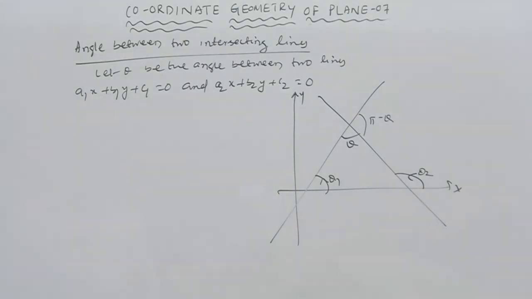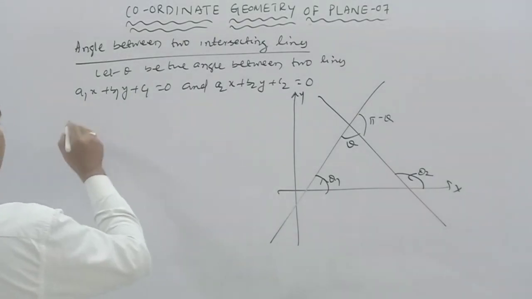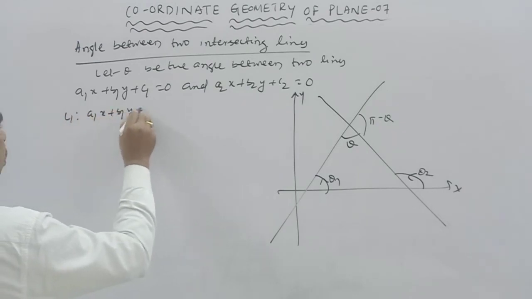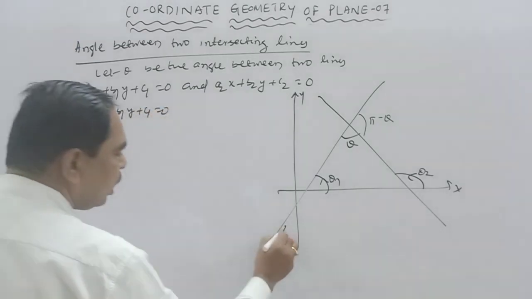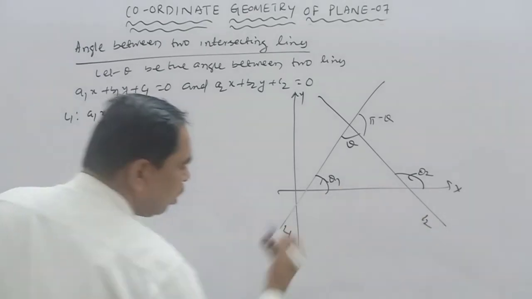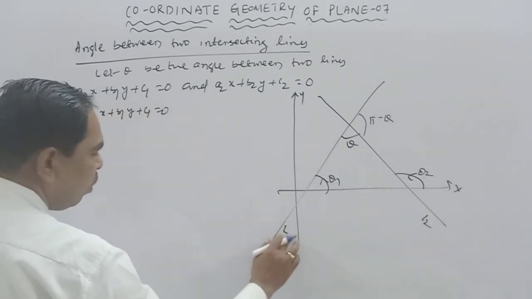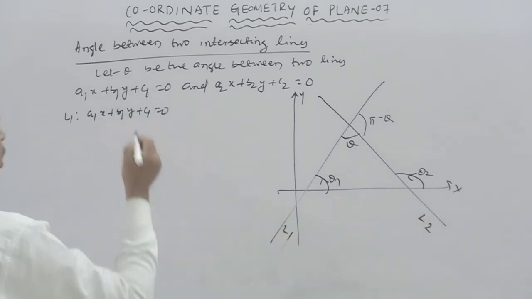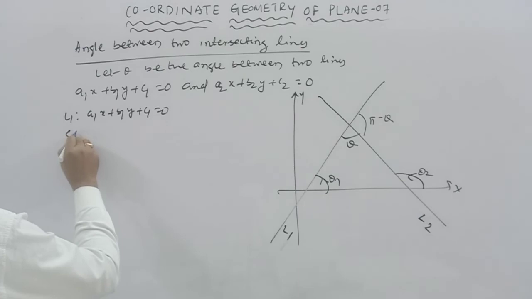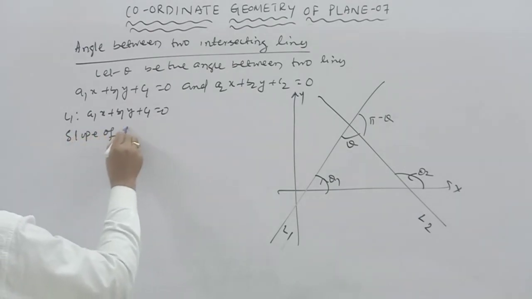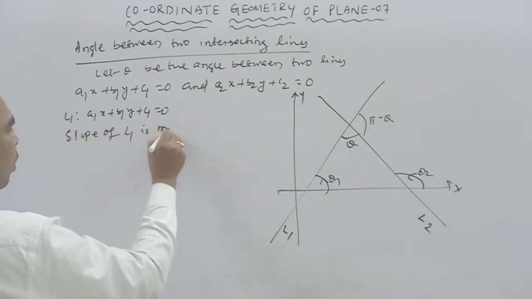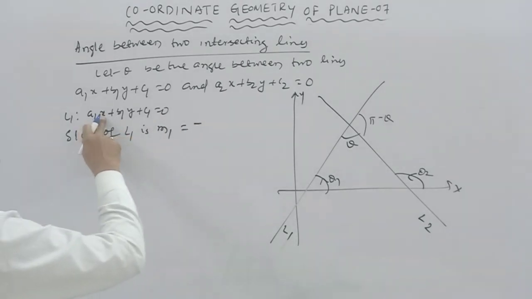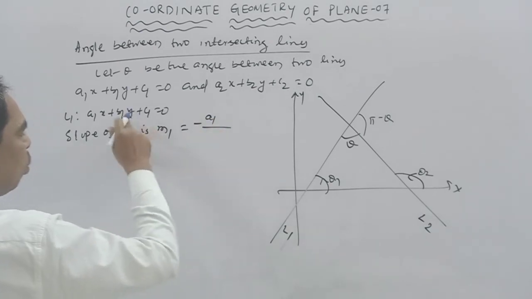Okay. So L1 means a1x plus b1y plus c1 is equal to 0, and this is L2. So slope of L1 is m1 is equal to minus coefficient of x, a1, divided by coefficient of y, b1.